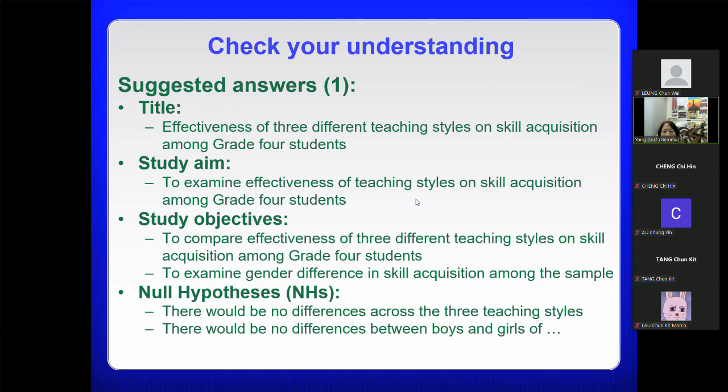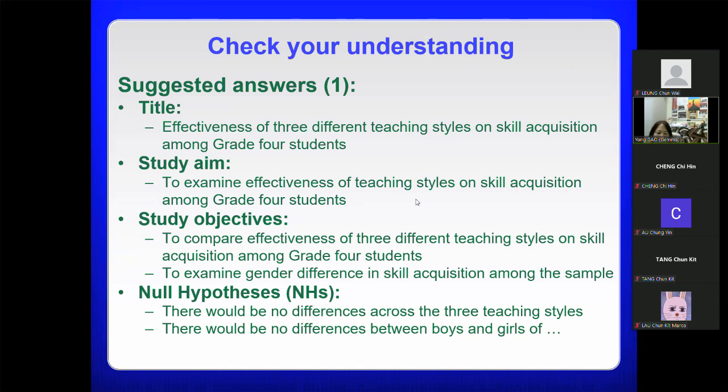The possible objectives can be 2. The first, to compare the effectiveness of the 3 styles, and also to compare the gender difference in terms of skill acquisition among the samples.